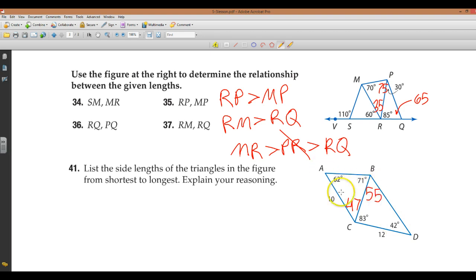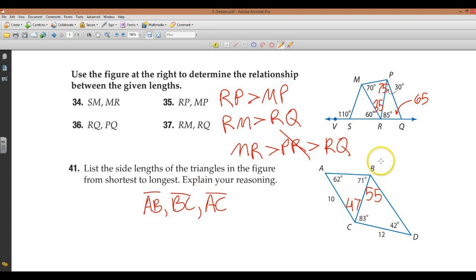So let's order our sides in the triangle on the left first. Our shortest side is opposite 47 because that's our smallest angle. So we would have AB followed by, next is opposite 62, so BC, and then followed by our longest side, which is AC.